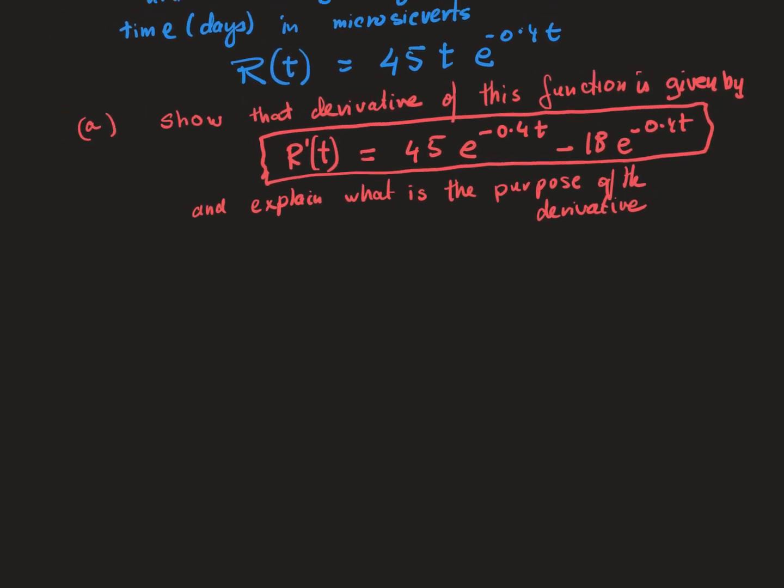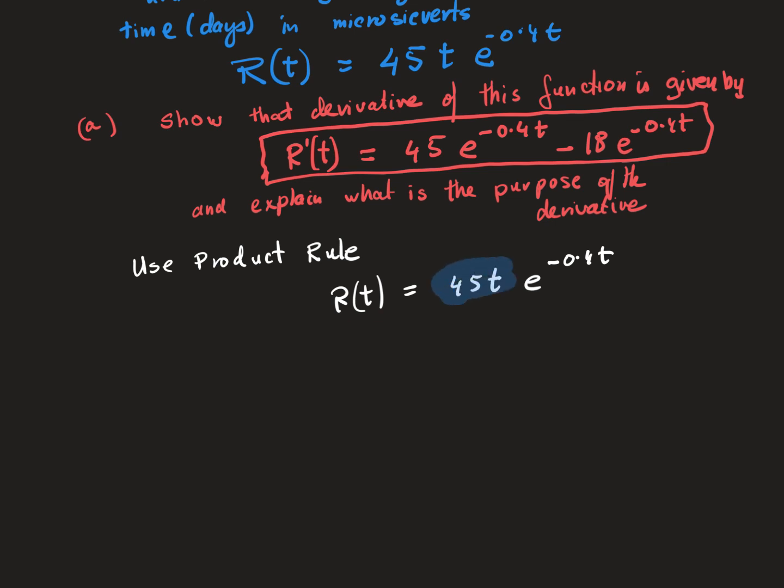You know that you're going to use the product rule in here for these particular surge functions. We're going to use the product rule, and that is because R(t) is initially 45t e to the minus 0.4t, which means that we've got two t's here.